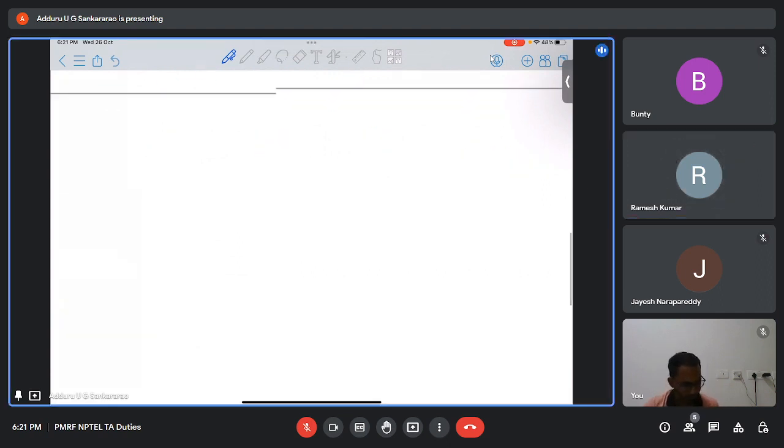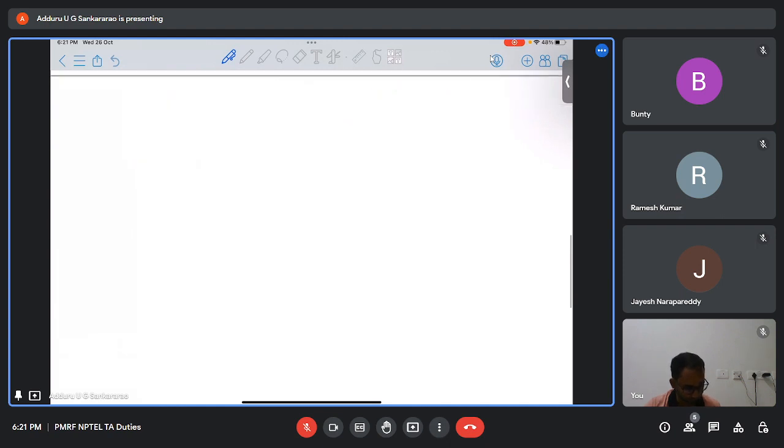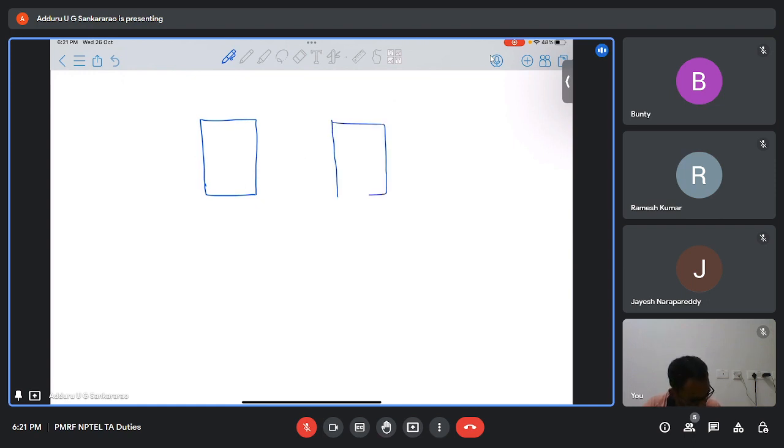Yeah, why toggle mode? See, let us say I'm taking a 3-bit asynchronous counter. That means we require 3 flip-flops in toggle mode. Then only the states will change.